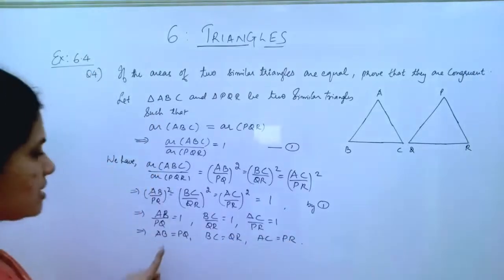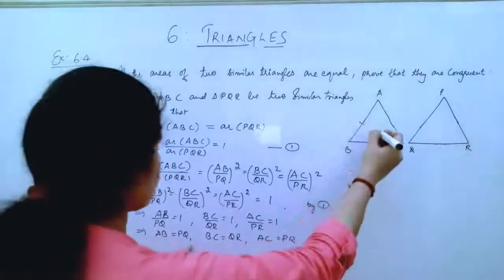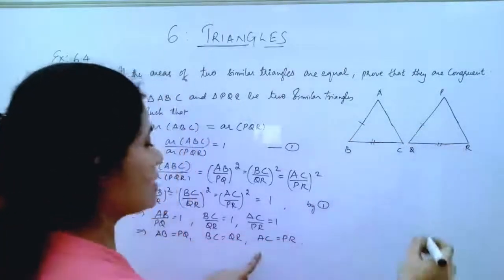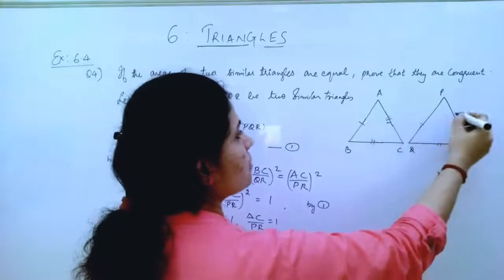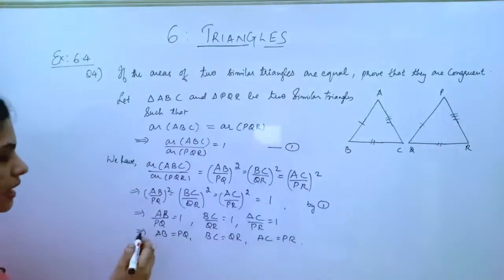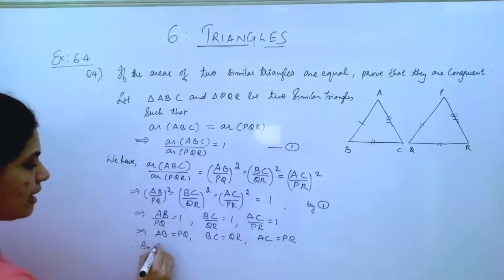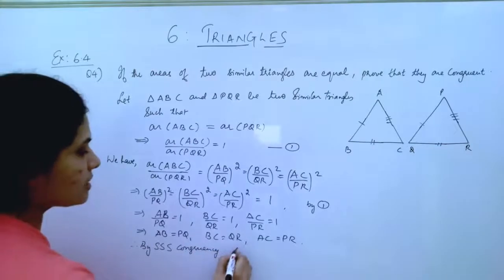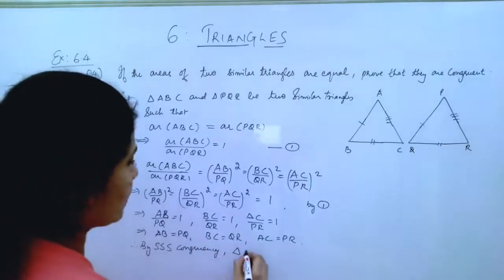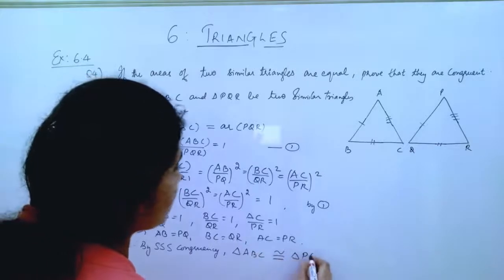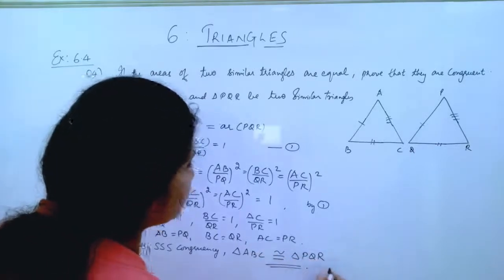Now what you have got, just see in the figure, AB is equal to PQ, BC is equal to QR, and AC is equal to PR. That means you are getting the corresponding sides to be equal. Therefore by SSS congruency, we will get the two triangles to be congruent. That is triangle ABC congruent to triangle PQR. Okay.